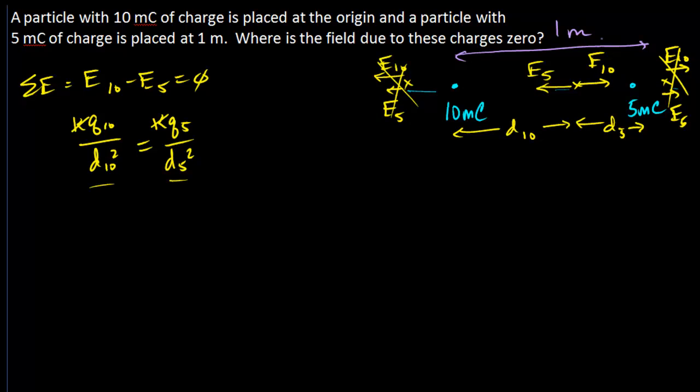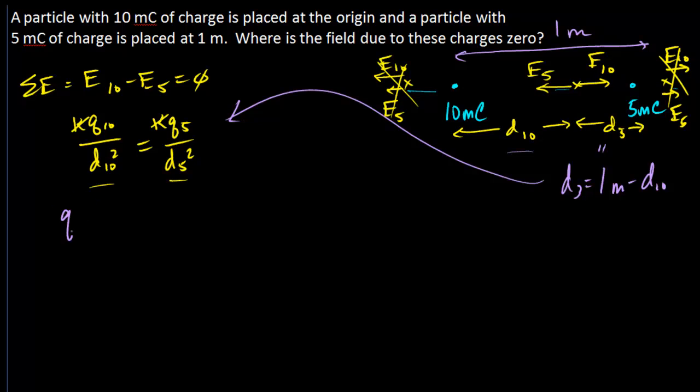If they're 1 meter apart, and we call one d10, then d5 is equal to 1 meter minus d10. We can substitute this into our equation. It'll get rid of a variable, and then we can solve this. So this turns into Q10 over D10 squared equals Q5 over 1 minus D10 squared.